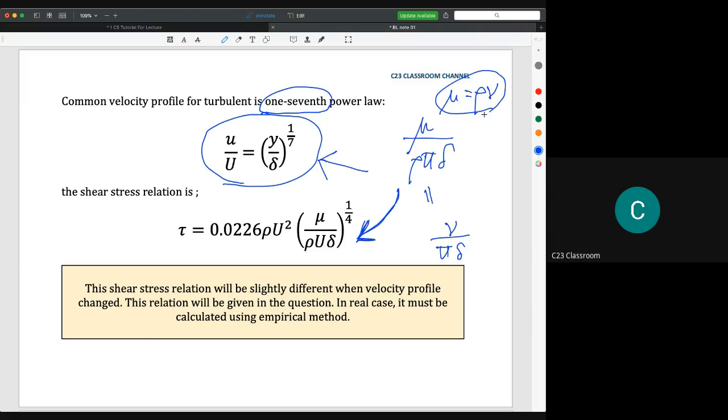By using this relation, we could change the terms of this one into this term. Please be careful about this, because previously in certain tutorials we used a lot of nu, the kinematic viscosity, but in these notes we will use mu.